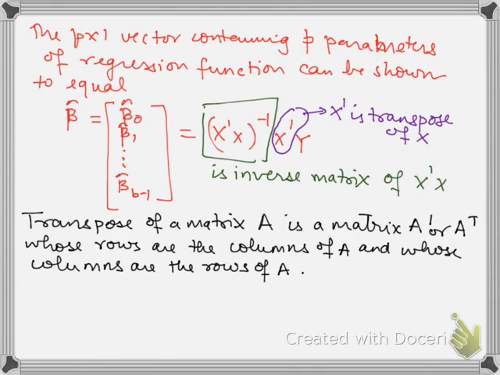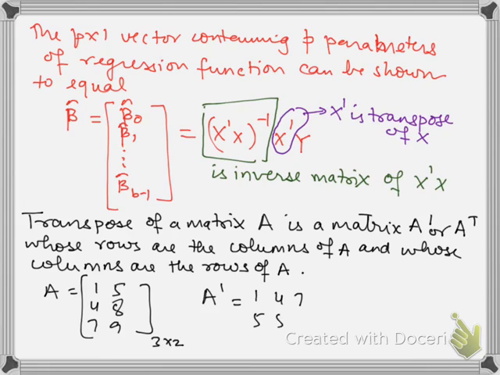So if your matrix A is 1, 5, 4, 8, 7, 9, it's a 3 by 2 matrix. A transpose is 1, 4, 7, 5, 8, 9, a 2 by 3 matrix. Since X is a matrix in simple linear regression, X is equal to 1, 1, ..., 1, x1, x2, ..., xn.